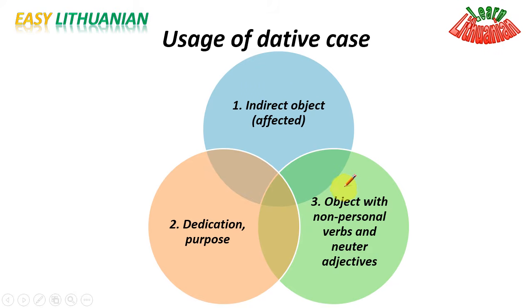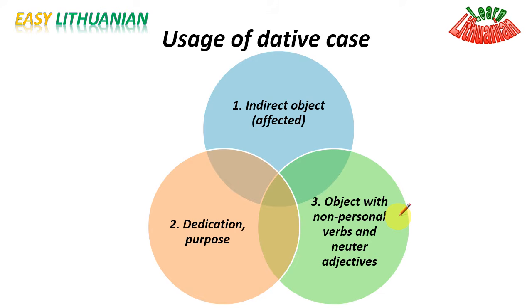And the third usage, the word that is in dative case is an object with non-personal verbs and neuter adjectives. What does that mean? We'll see in the next slides. But non-personal verbs, you can just remember one simple example that's very common. Man patinka lietus.